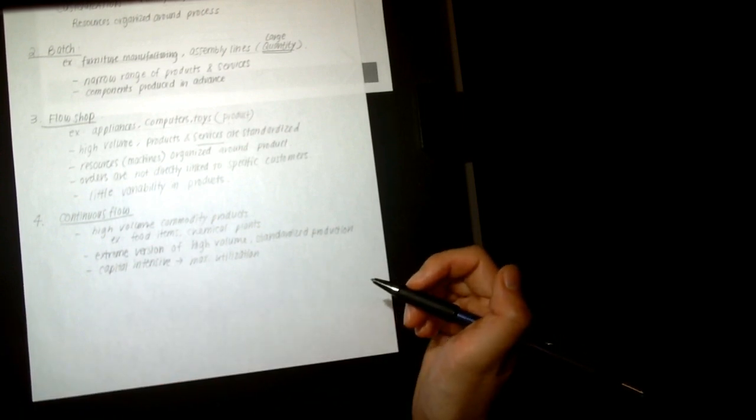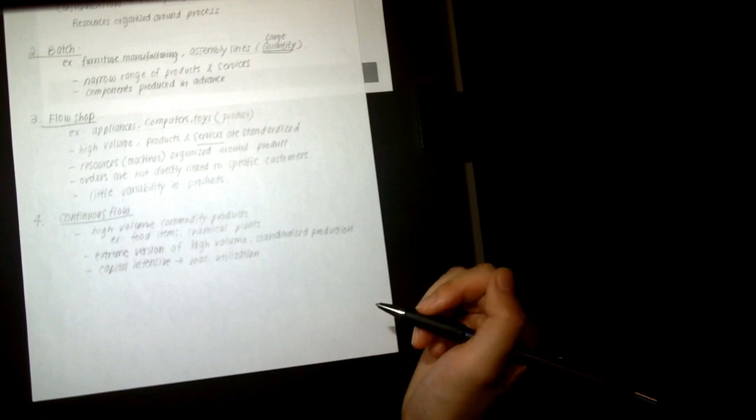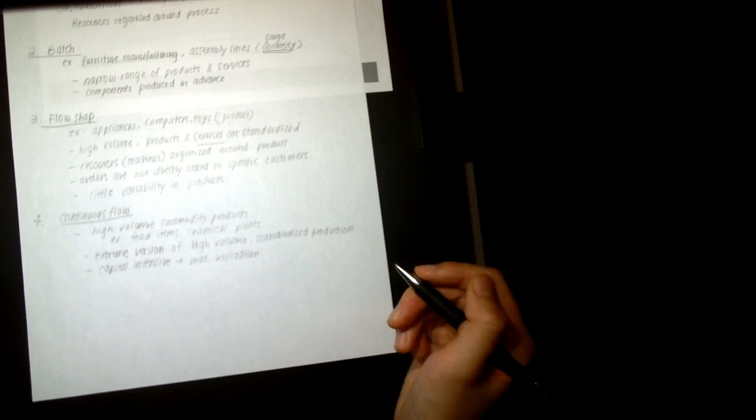It is capital intensive because usually, as soon as the raw material goes in, it would just be processed without stopping through the entire facility. The entire facility is basically built around that one type of product. So usually one primary material is used.